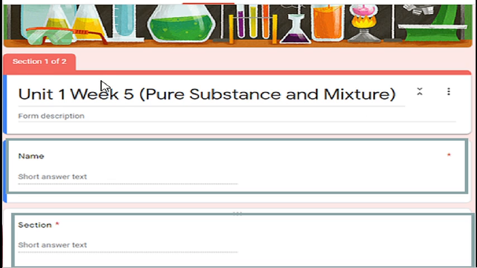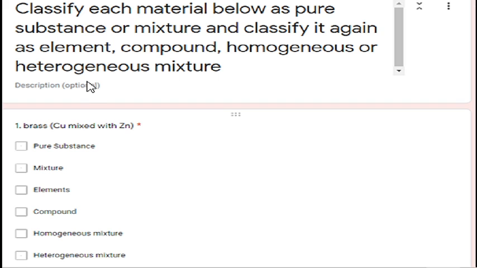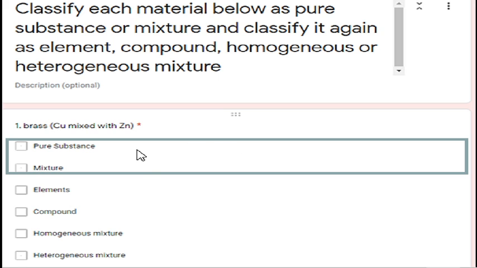Here's an example of the question. What you will do is classify each material below as pure substance or mixture, and then classify it again as element, compound, homogeneous, or heterogeneous mixture. For example, brass. Is it a pure substance or a mixture?